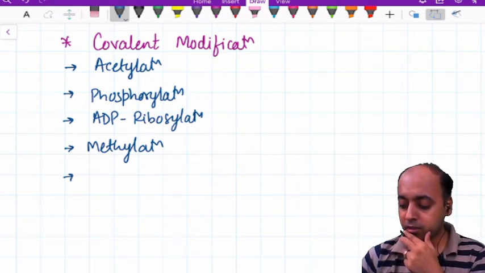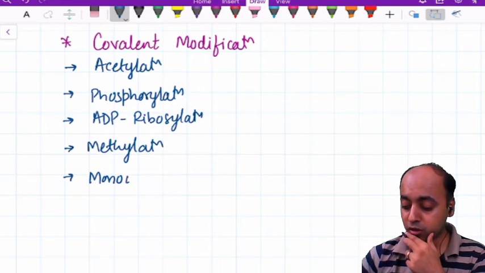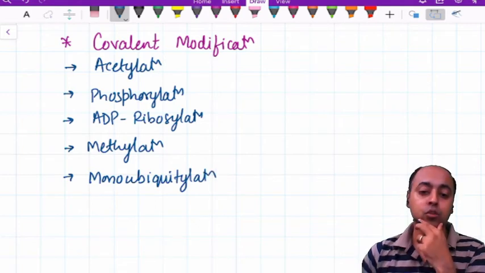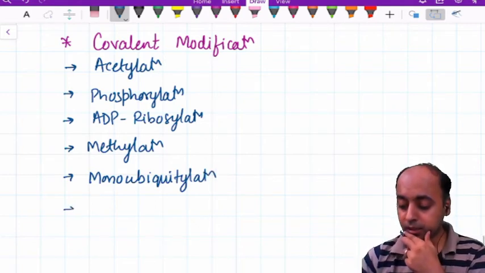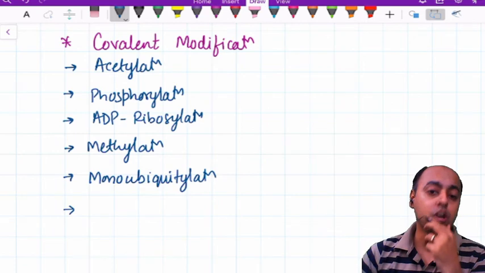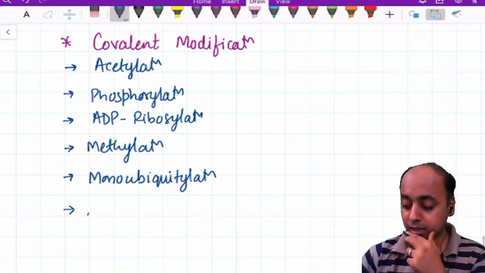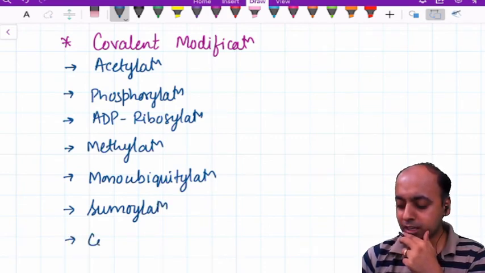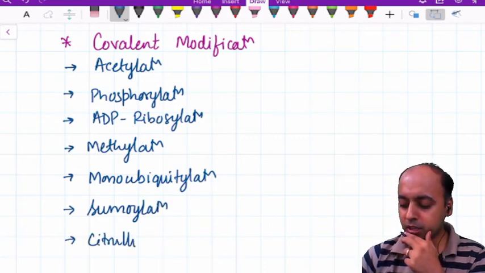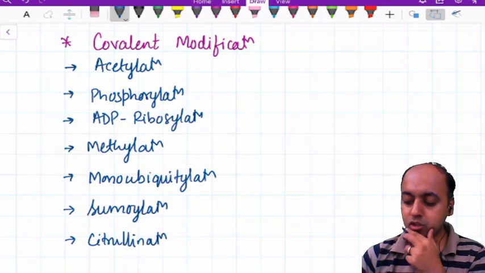We find attachment of a single ubiquitin, called monoubiquitination; both terms are used. Then there is attachment of proteins called SUMO, and I'll tell you what those proteins are. The phenomenon is called sumoylation. Sometimes citrulline can be added, and the phenomenon is called citrullination.